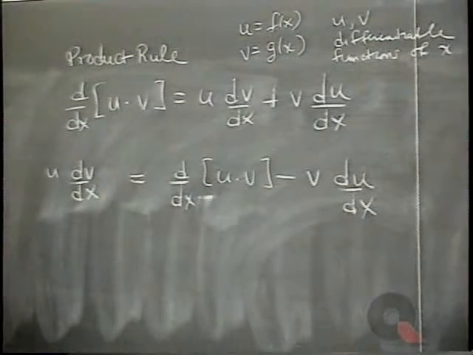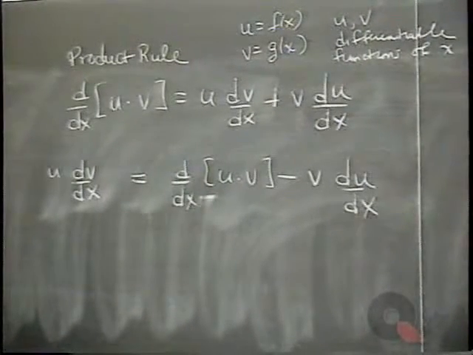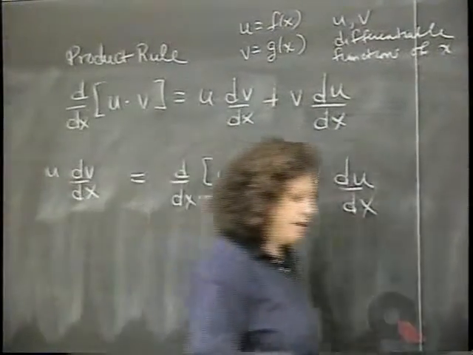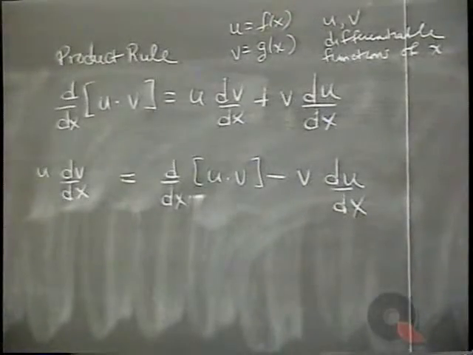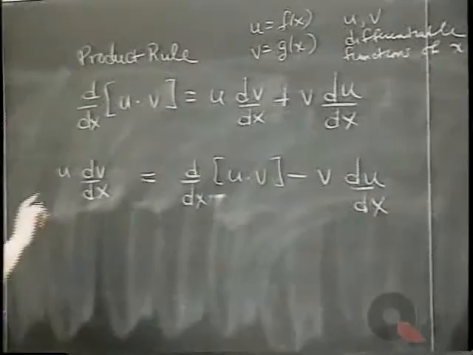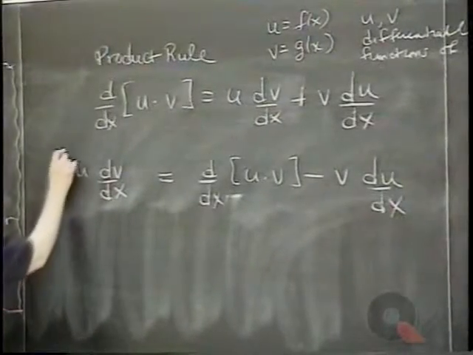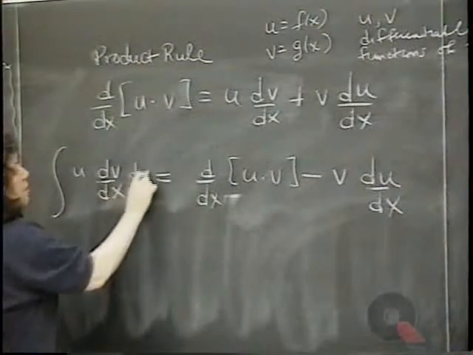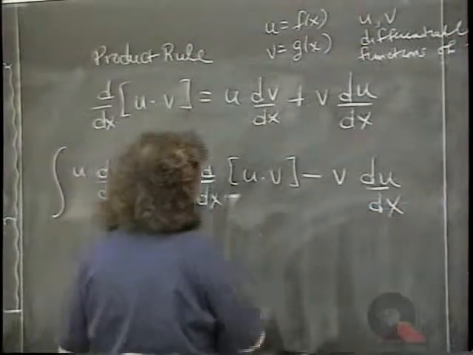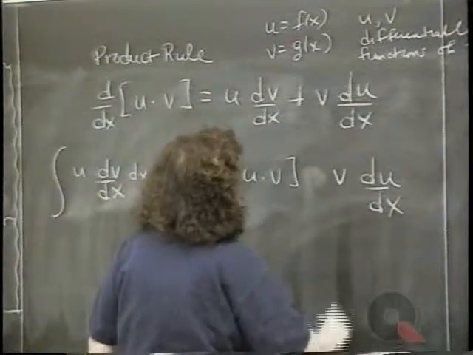If I take this basic formula from differential calculus and now integrate all parts with respect to x, I'm going to integrate both sides of this equation with respect to x. Just move this minus sign over here.